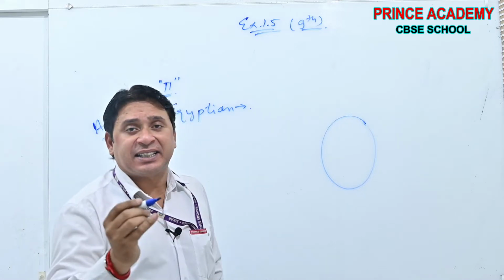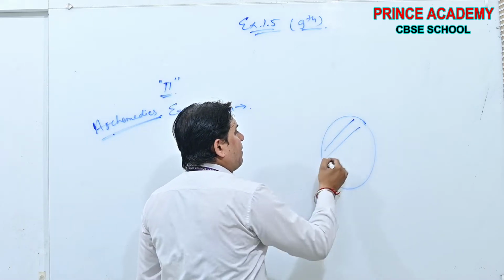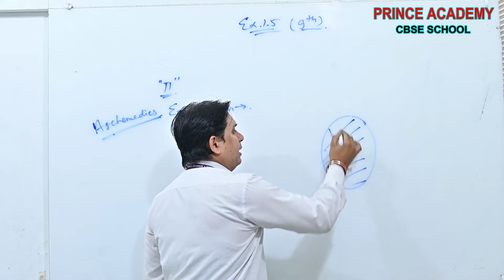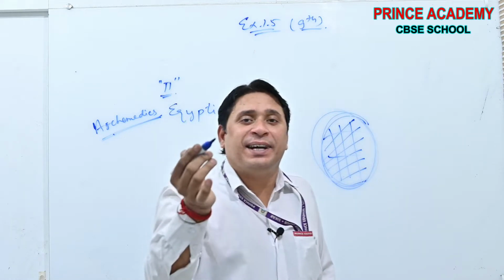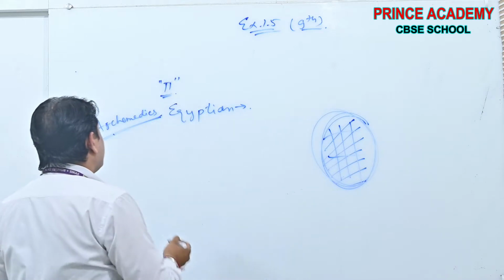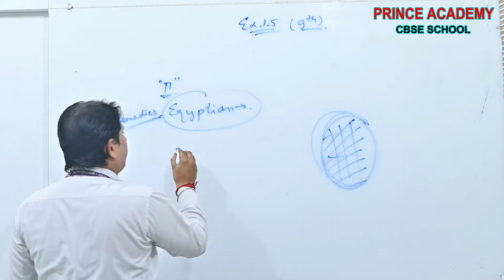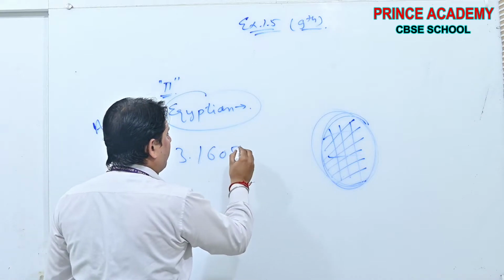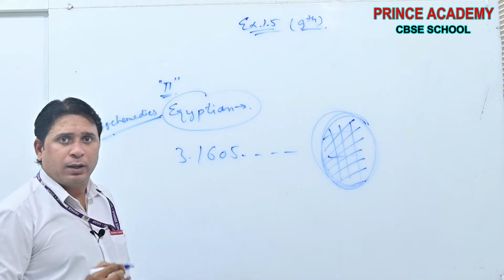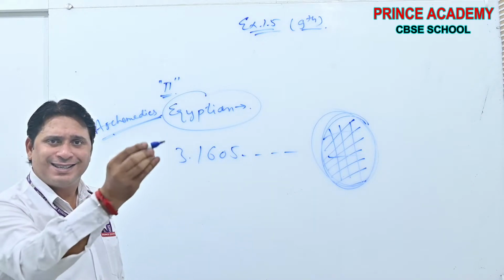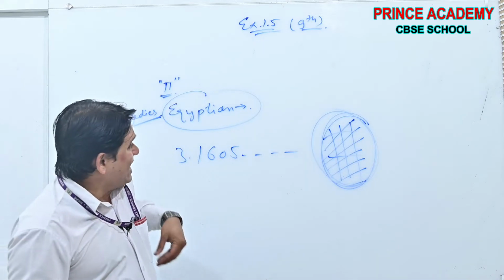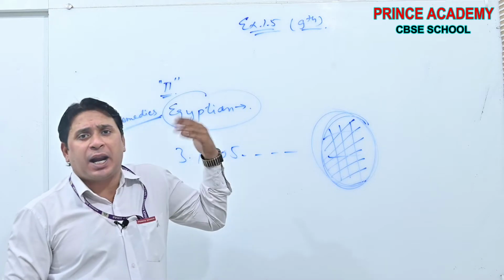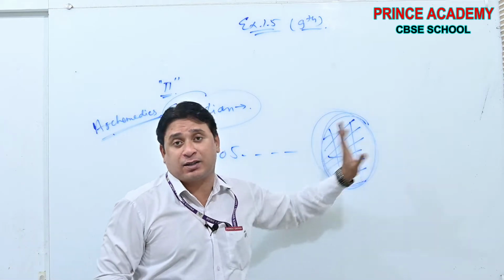He related the area bounded in a circle and the circumference with a number, 3.1605 and so on up to some decimal point 10 or 20, using which he practically tried to find out the area and circumference.